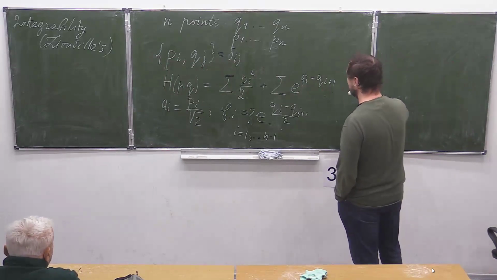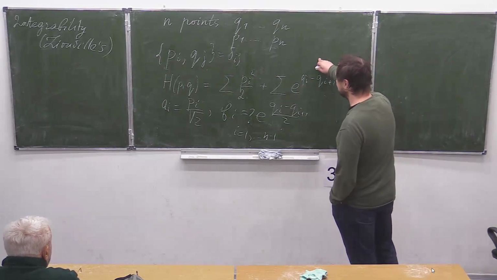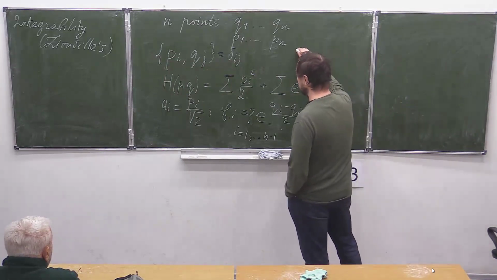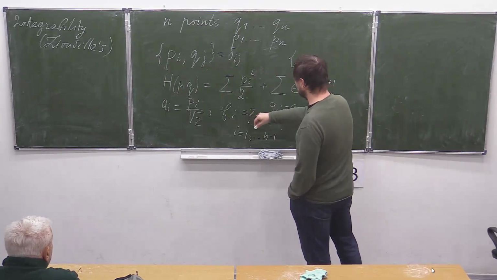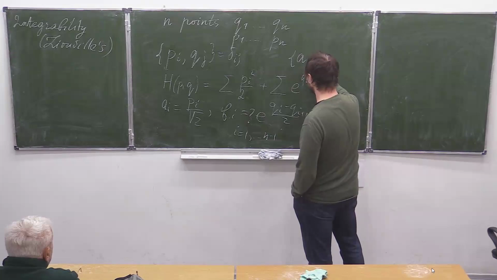In any case, after this change of variables, the commutation relation takes a much more interesting form. Again, the bi commute with each other, the ai commute with each other, and the only non-trivial commutation relation is between ai and bj.